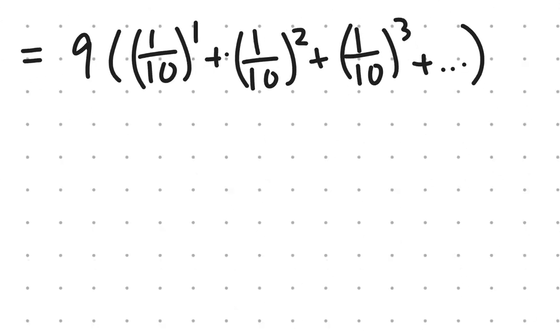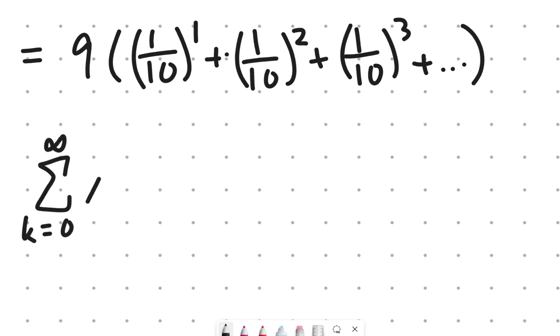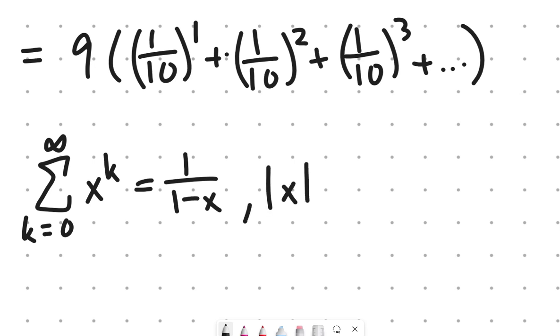Now this reminds me of a geometric series, where the geometric series is the sum where k goes from 0 to infinity of x to the kth power, which is equal to 1 over 1 minus x when the absolute value of x is less than 1. Now if we let x equal 1 over 10, then we know that 1 over 10 is definitely less than 1, and the absolute value of 1 over 10 is also less than 1.